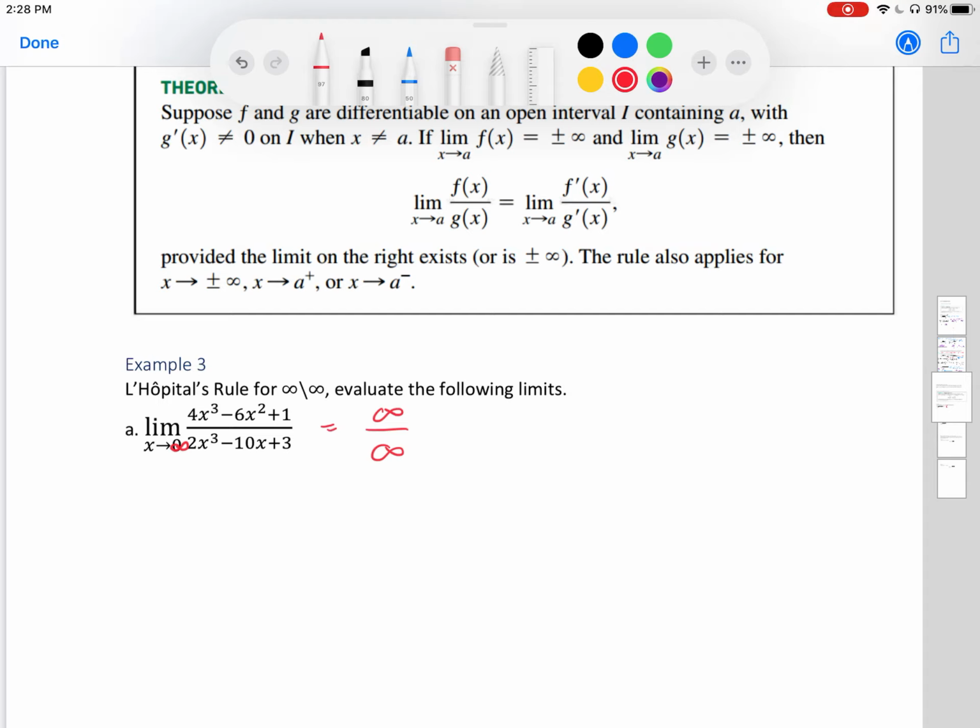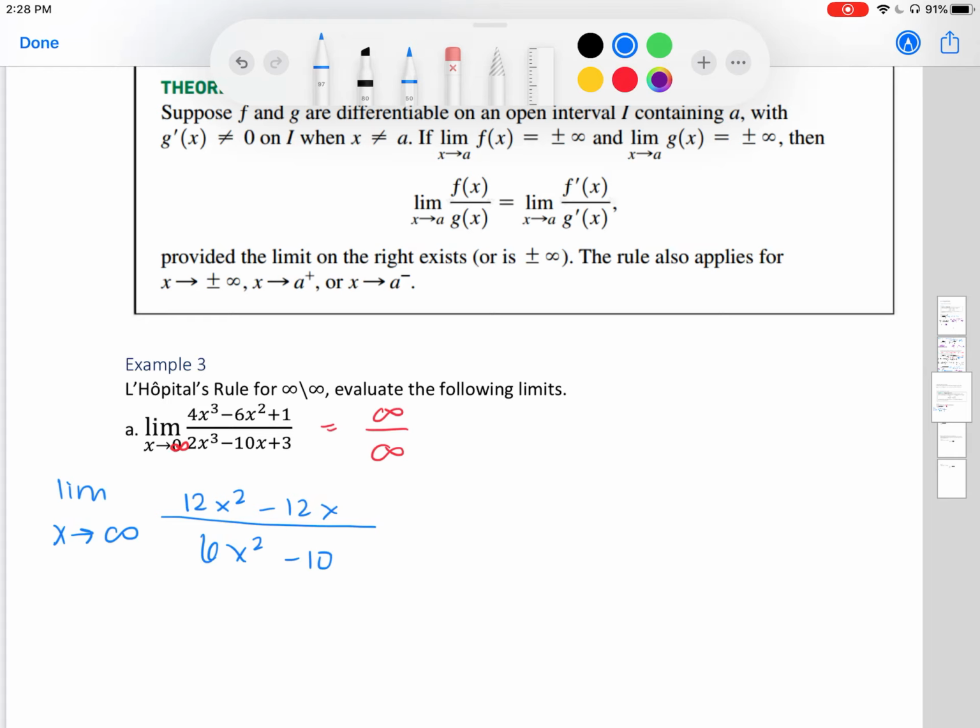So to do so, let's take the derivative of our numerator and let's separately take the derivative of our denominator. So I have the limit as x is approaching infinity of 12x squared minus 12x over 6x squared minus 10. Okay, now we're still in that same situation. We still have infinity divided by infinity.